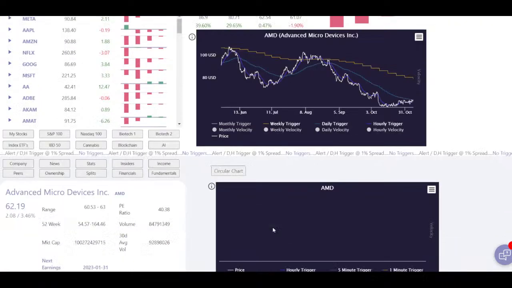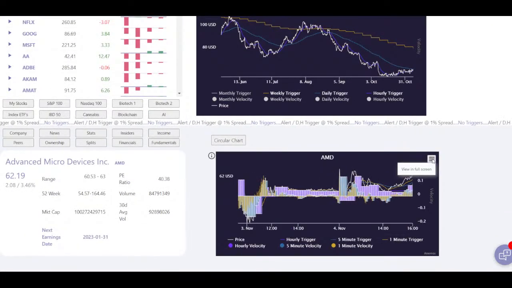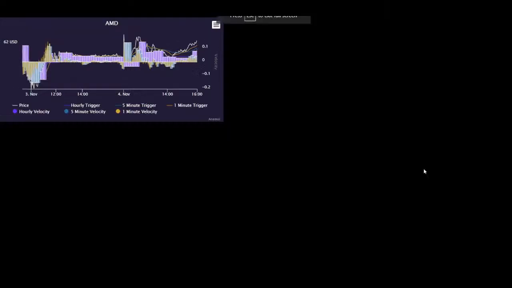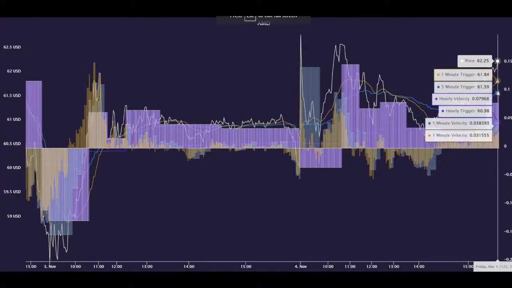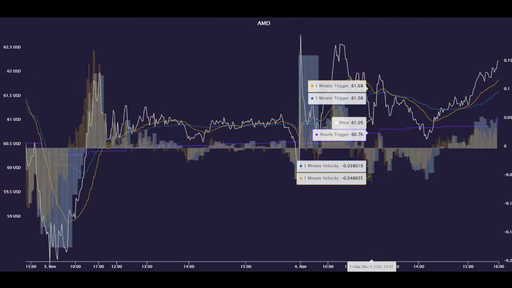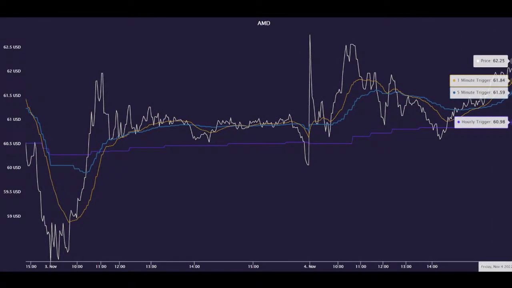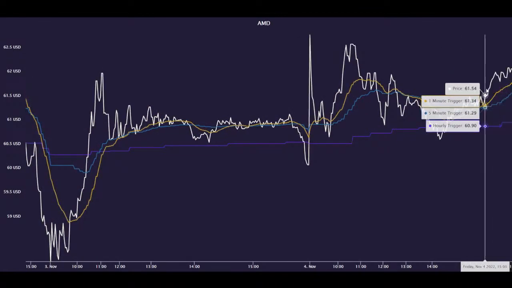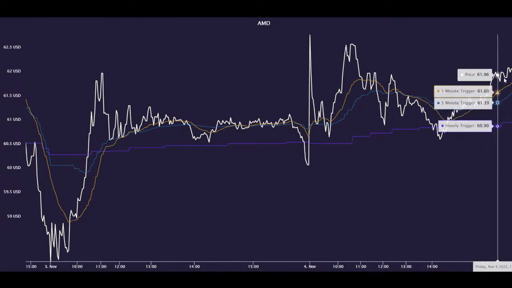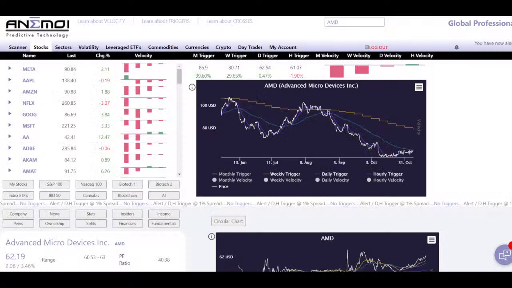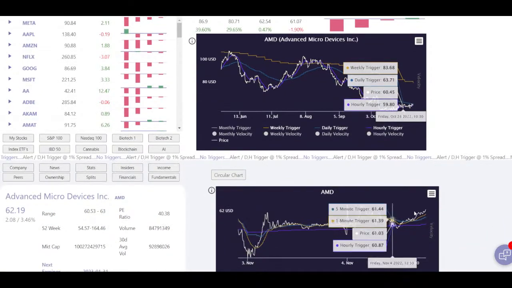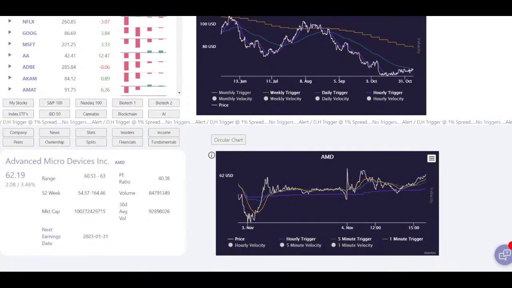We'll have our stop loss using the day trader chart. Let's say we'll have our stop loss right under the 5-minute trigger. Let's remove some of the noise. Let's say we'll have our stop loss right under 61.63, and then if price is going to move all the way to 70, we can ride an $8 move up to the upside. And then if we're seeing bearish divergences form at 70, we can cut them right there.